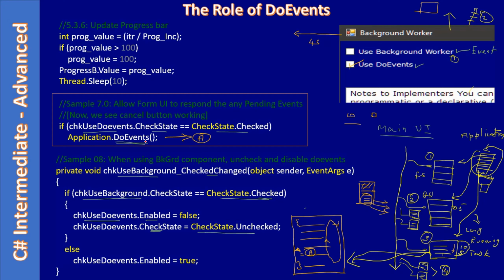We kept DoEvents here in the application loop, which will run when the check mark is not placed here.